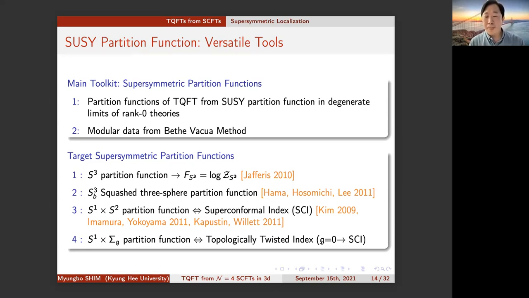As a generalization, we also consider the S1 times sigma G partition function, which is a topologically twisted index. And the G equals 0 case will reproduce the superconformal index.